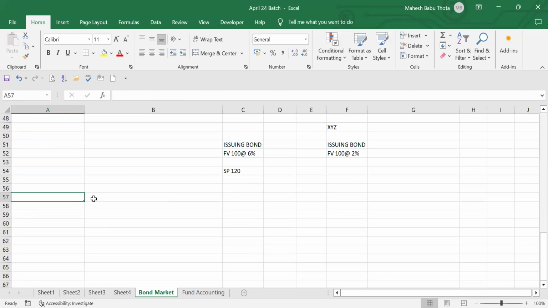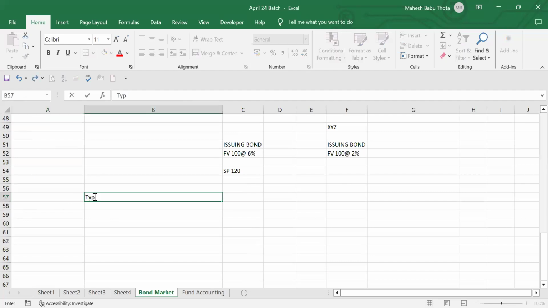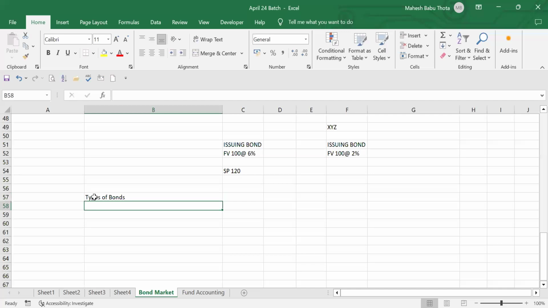Now we will see types of bonds. Can anyone name a few types?